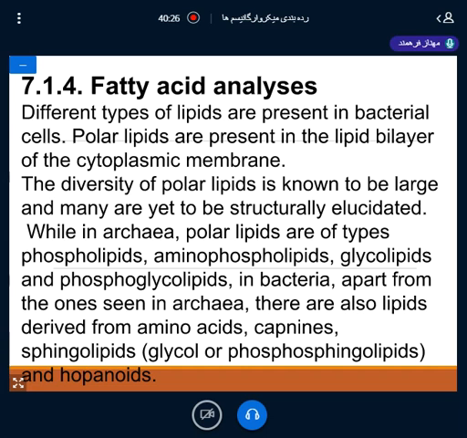I'm going to tell you, the sterols are only present in the mycoplasma membrane. Why? Because they don't have any cell wall. The mycoplasma genus in bacteria doesn't have any cell wall.